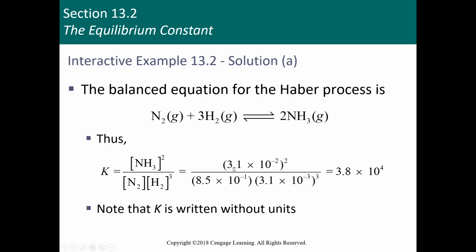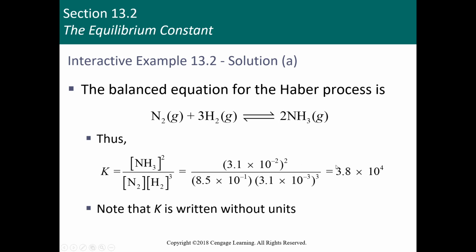Then we plug in our concentrations we were given at the beginning of this problem. And so we plug these in. We do the math. Again, I would always recommend you go ahead and just do the math separately. So you take this scientific notation right here, you put it in parentheses, put it to the power of 2, figure out that value, write it, and then do the math piecemeal.